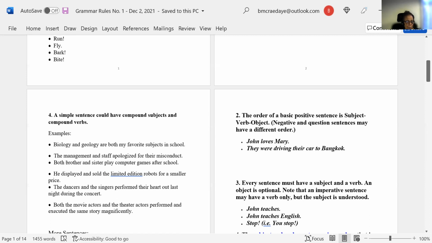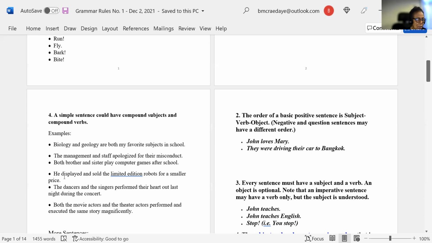Okay. Both brother and sister play computer games after school. Compound subjects, two entities here, two nouns: brother, sister. Verb, play.